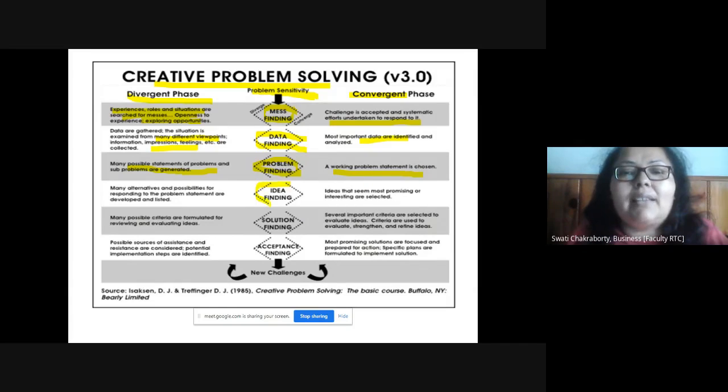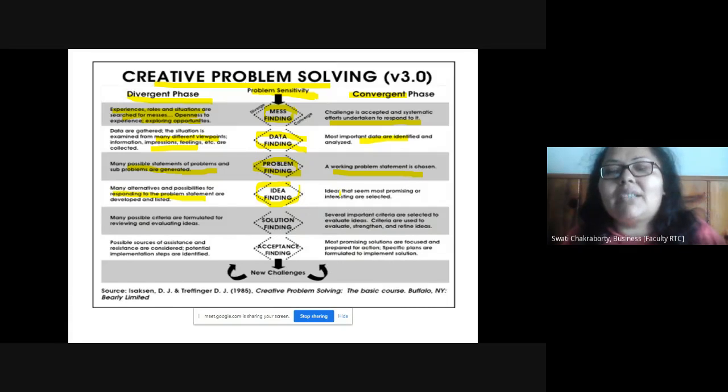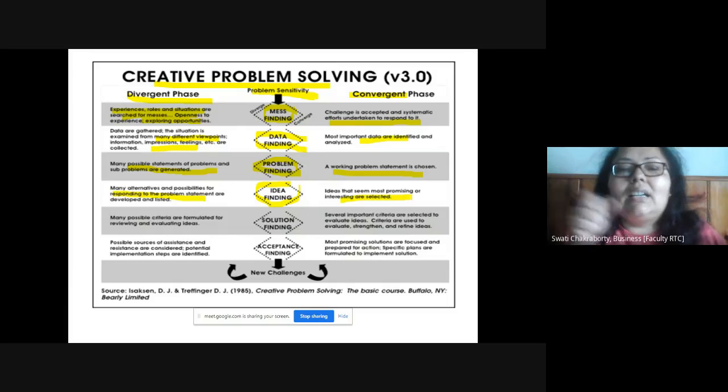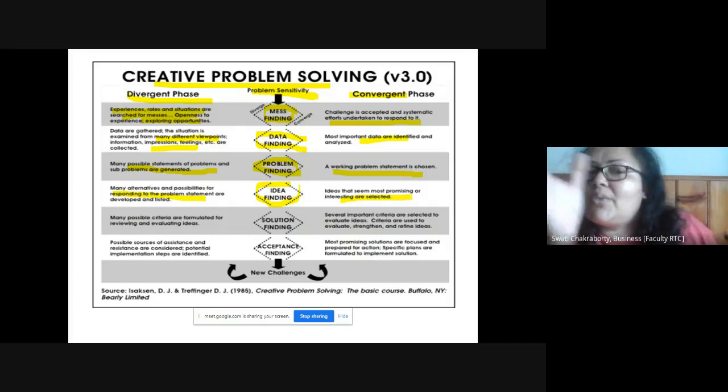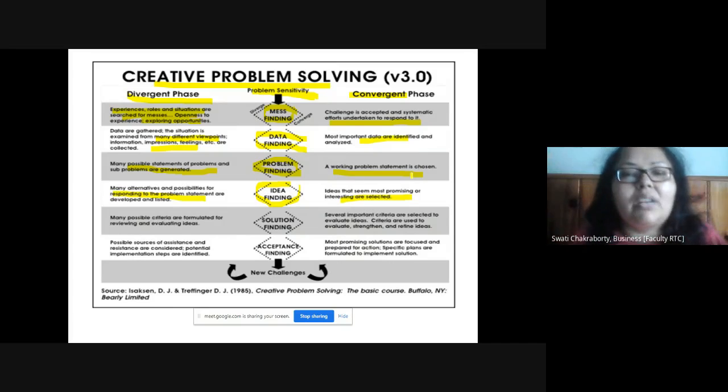Next step is idea finding, where in the divergent phase, you look into multiple opportunities and possibilities responding to the problem statement. But in the convergent, it's the most promising alternatives and possibilities which are very much related to it. The one which is most likely to happen, most probable, those are the ones.